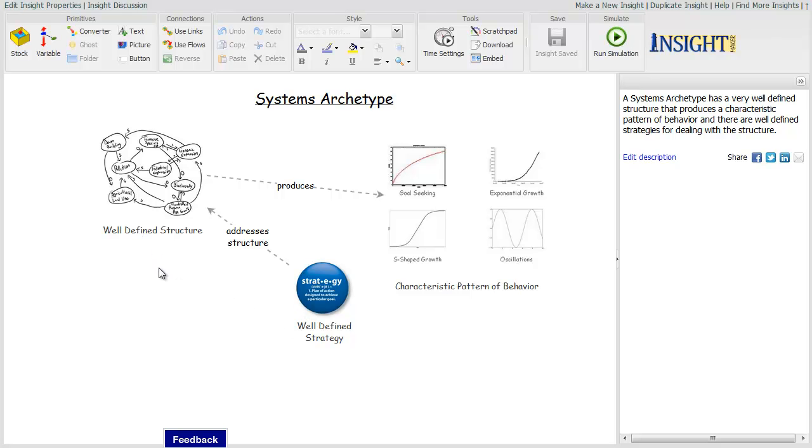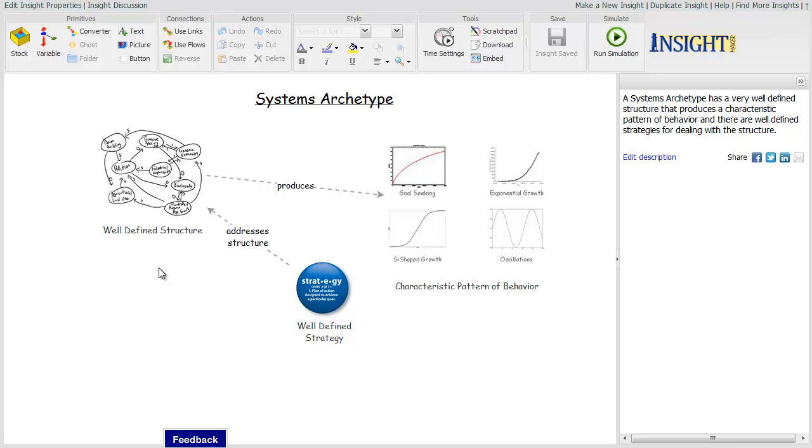In a future video, I will begin to talk about each of the individual archetypes, the patterns of behavior, and the strategies that exist for dealing with them. There are 12 or 15 of those archetypes. The benefit is that if we understand what structure we're dealing with, because there are well-defined strategies, we don't have to start from scratch to figure out how to work with them.